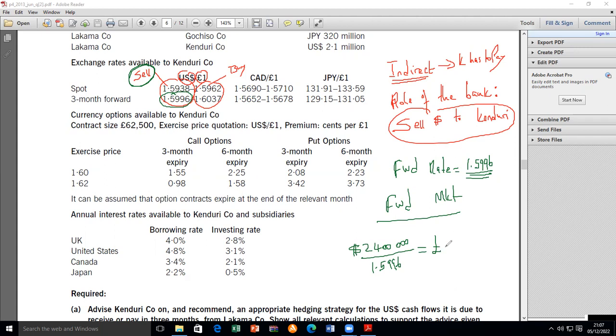It is 1,500,375.09. Okay, so there we are.